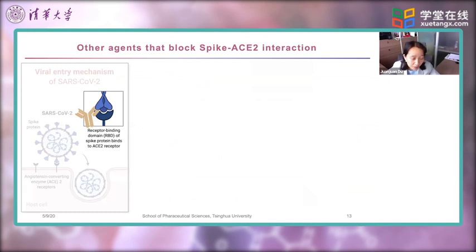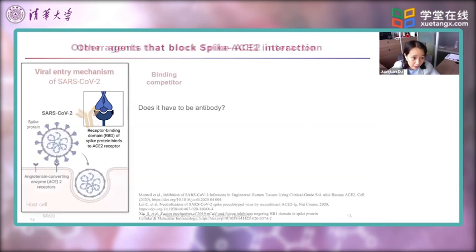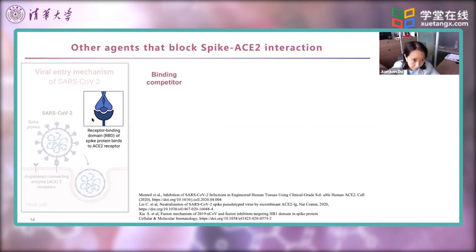Okay, now we talked about the neutralizing antibodies that bind to the spike protein. So does it have to be an antibody? Does anything else bind to the spike protein? The answer is yes. We all know that the ACE2 receptor binds to the spike protein.